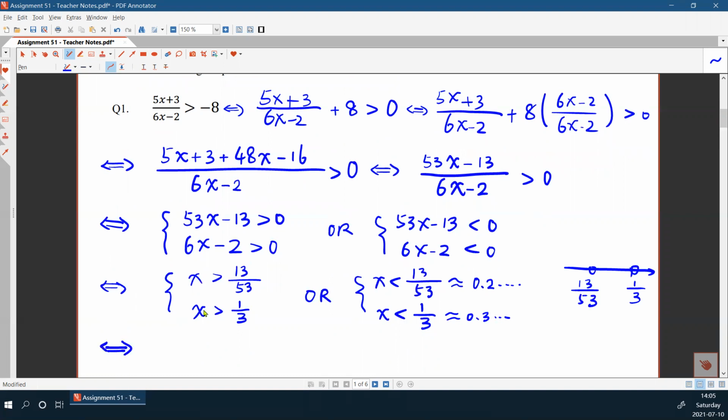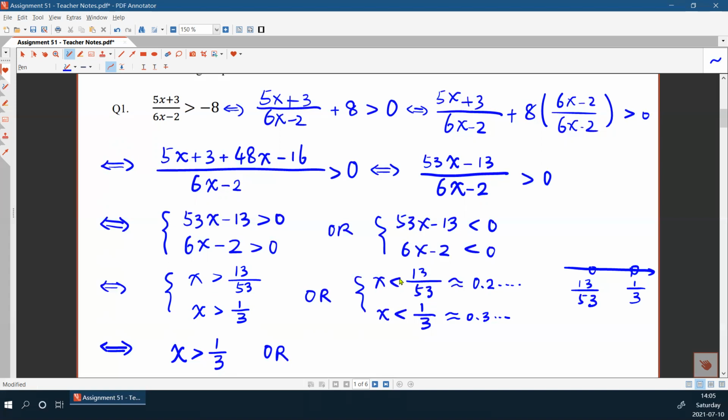Okay, so this is equivalent to when x is greater than 13 over 53, and also x should be greater than 1 over 3. The combination of these two is x should be greater than the greater number, which is 1 over 3, right?